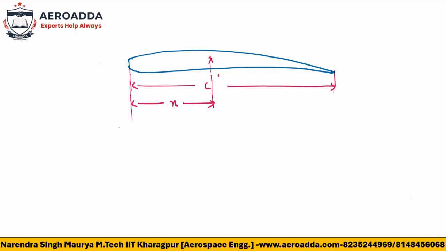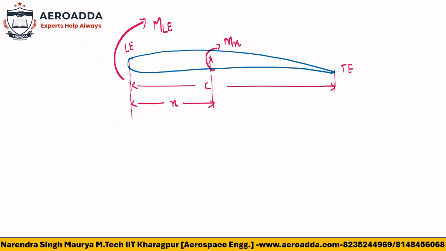That moment will be called Mx. You are writing a moment from the leading edge at distance x, so that moment will be Mx. And at the leading edge that moment will also be there, which is called Mle.